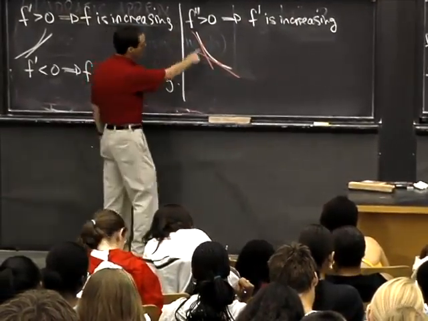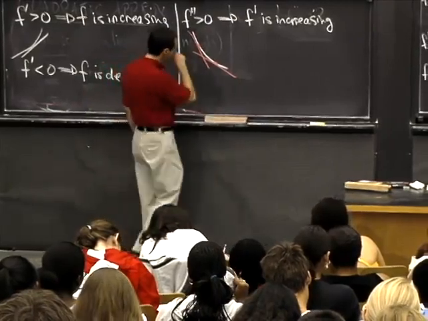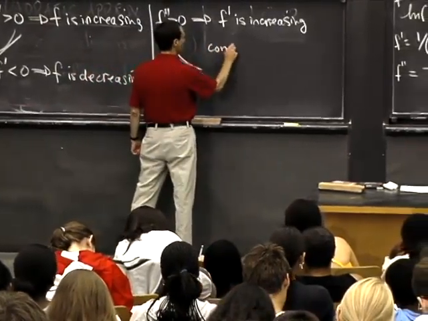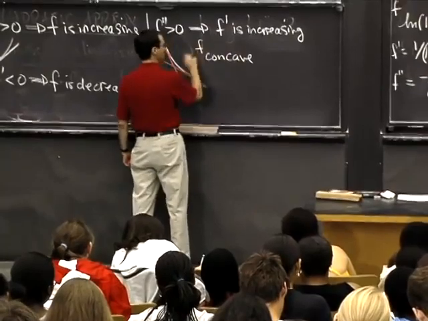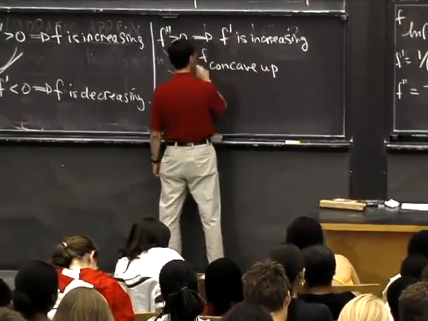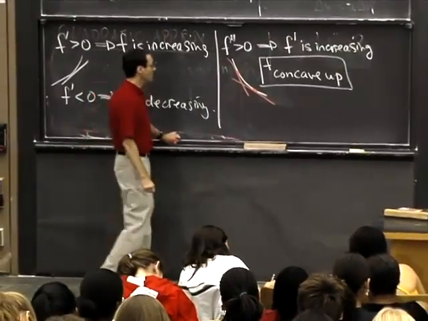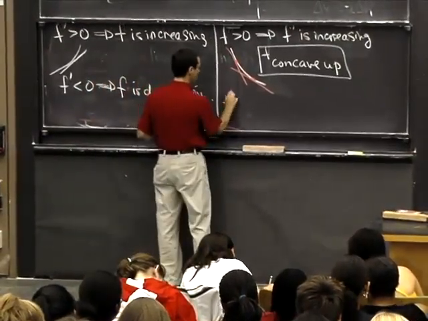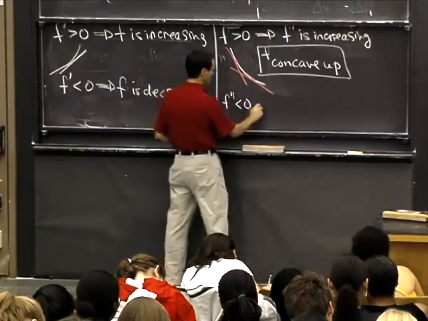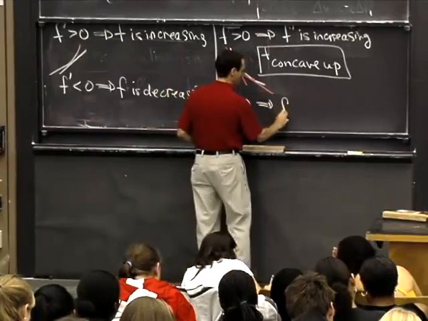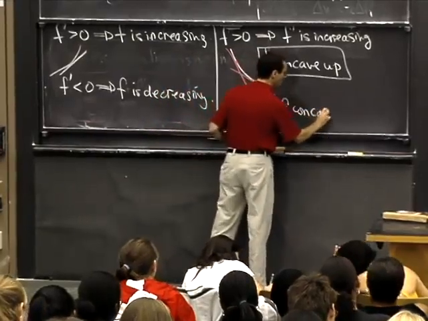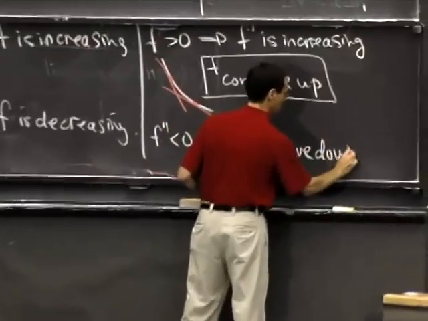And the way to describe a curve like this is that it's concave. So f is concave up. And similarly, f double prime negative implies f concave down.